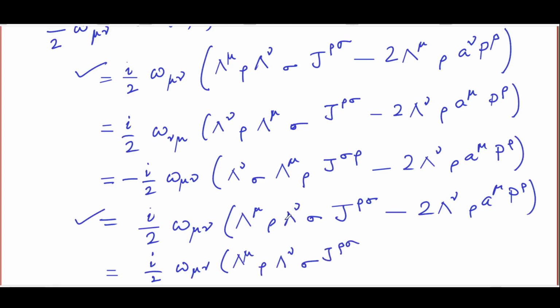You get twice this, then you are halving it, so you get just this much, minus, sorry, I made a mistake here. The minus sign going in would have changed this to a plus. So plus lambda nu rho a mu minus lambda mu rho a nu p rho.